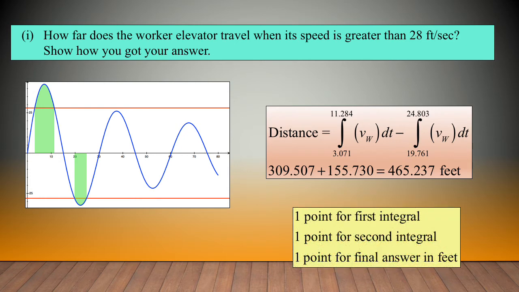For grading, 1 point is allocated for the first integral, 1 point for the second integral, and then 1 point for the final answer in feet.